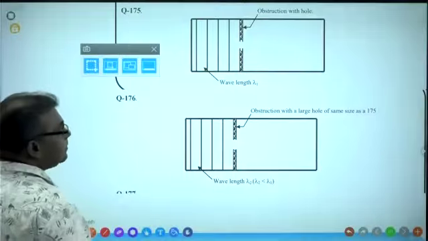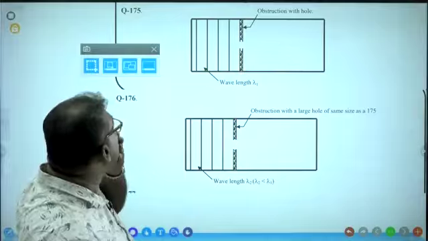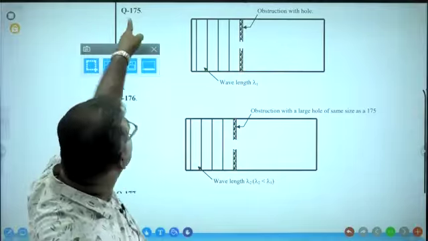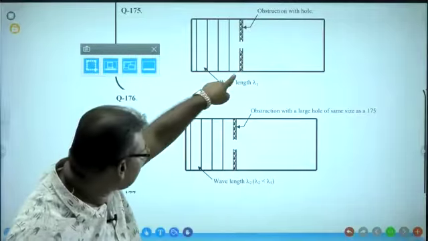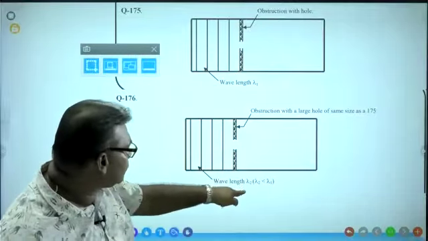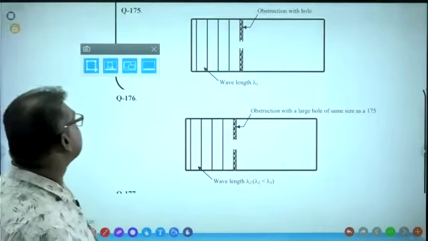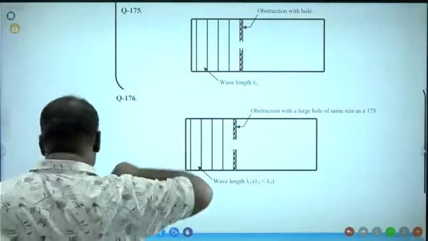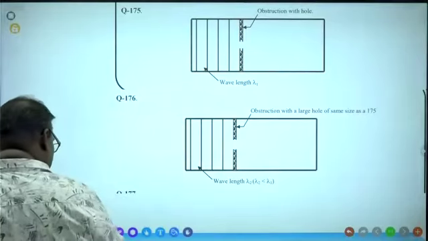Okay, here, obstruction with a hole, same size as 175. These two holes are the same size, but here with a wavelength lambda 1, here wavelength lambda 2, lambda 1 is larger. Lambda 1 larger, then we can say this one has large wavelength, having low frequency.